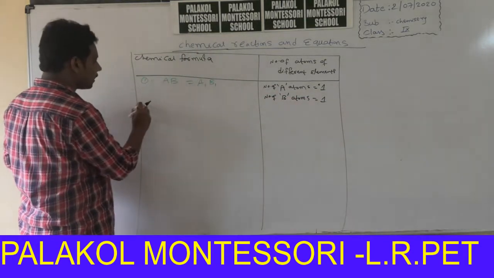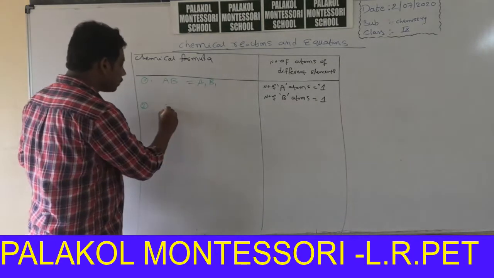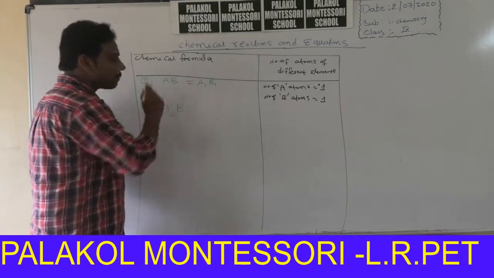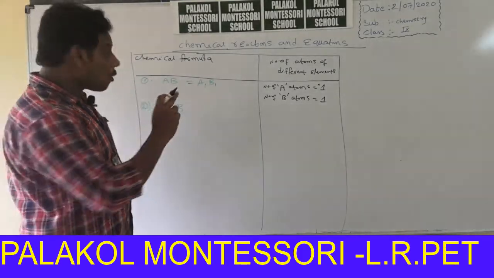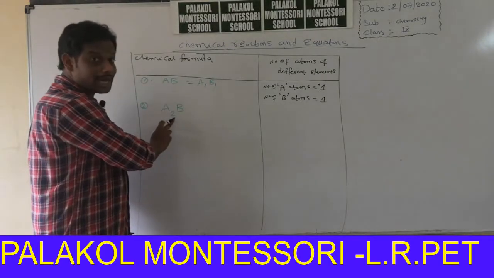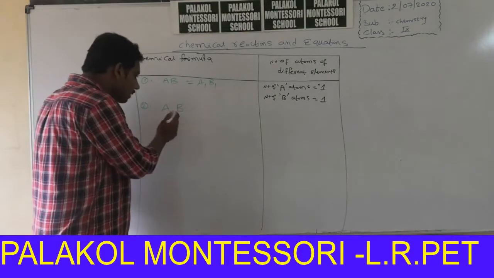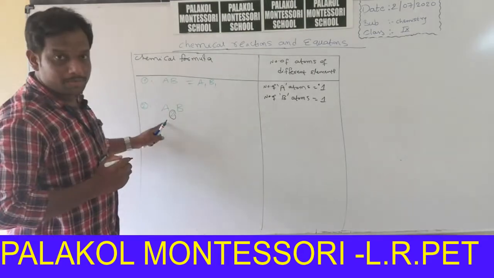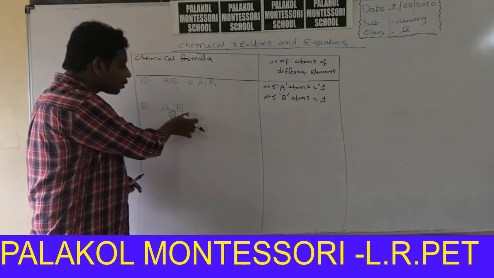This is example 1. Second example: if a chemical formula is A2B, let us assume a molecule has the chemical formula A2B. Now tell me how many A atoms are there in the A2B molecule? Just observe the subscript. This subscript 2 is only related to A. Here B has no subscript.